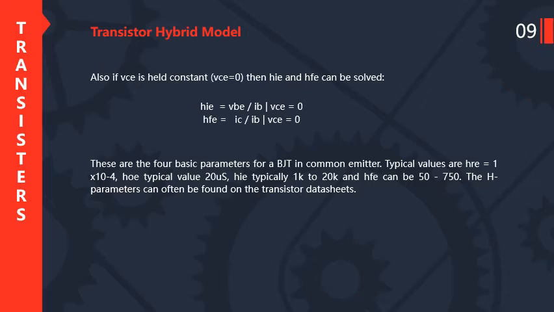HOE typical value is 20 microsiemens. Typical value of HIE is 1K to 20K, and HFE can be 50 to 750. The H parameters can often be found on the transistor data sheet.